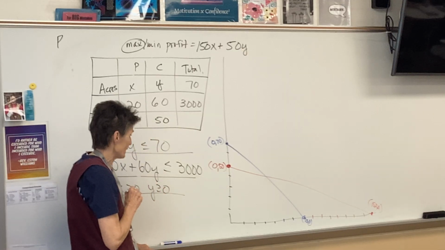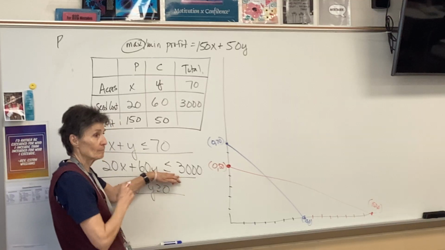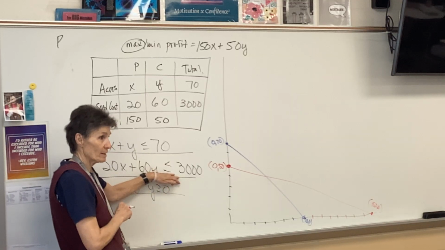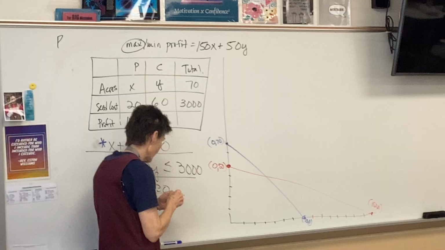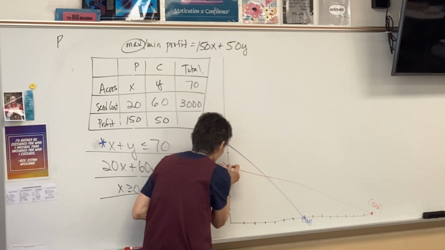Imagine that's a straight line. And where do I shade that one? Underneath. So once again, we've got a little area that's blue and red.